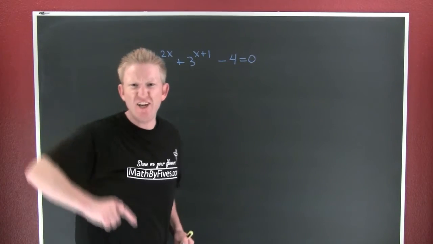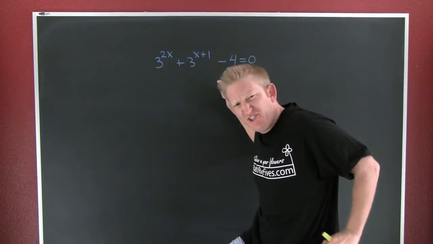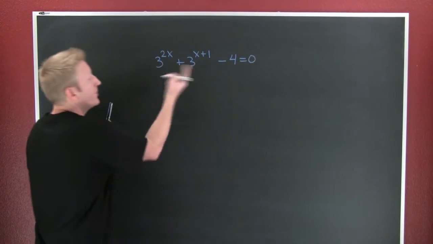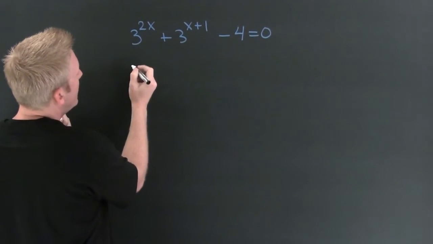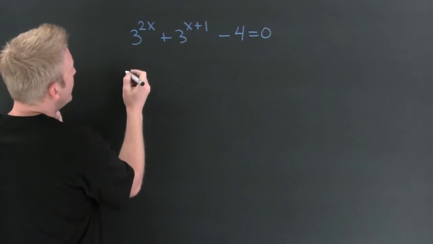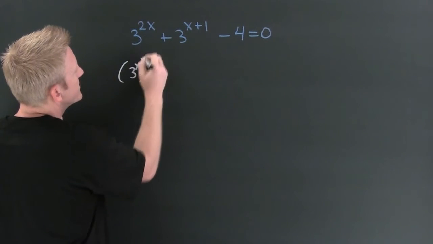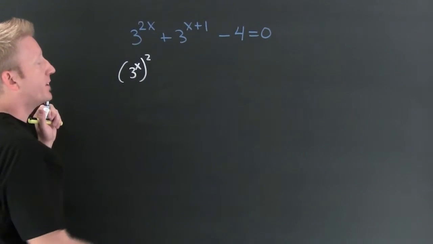Bonus round. Yes! Extra innings. Take a look at this one. I'm going to try to say that this is quadratic and here's why. Here we have 3 to the 2x. Okay, power raised to a power I multiply.